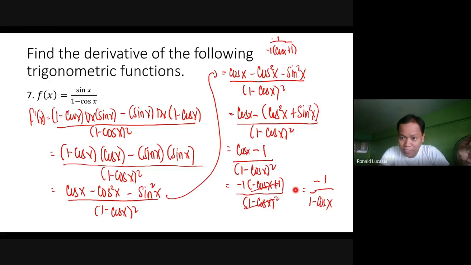Pero kailangan may negative. May nakakuha ng sagot si Joshua Bumanglang. It's negative 1 over 1 minus cosine x. Itong kay Bon ay tama din, negative 1 over 1 minus cosine x. Pwede ang positive 1, pero dapat cosine x plus 1 ang sagot.